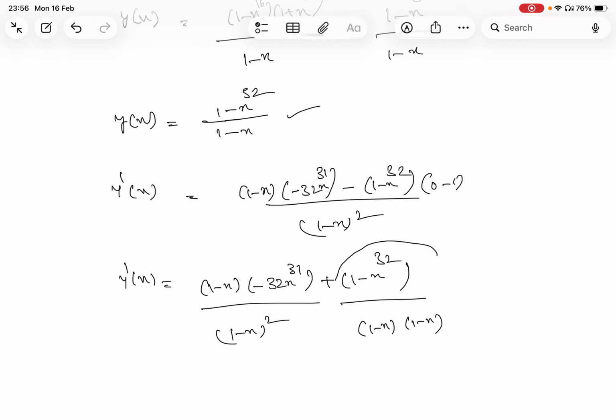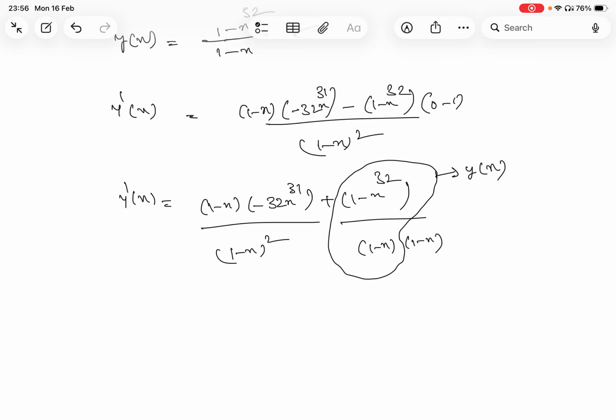Now this becomes y dash of x equal to minus 32 x power 31 by 1 minus x, one factor will go off, then this 1 minus x plus y of x by 1 minus x.